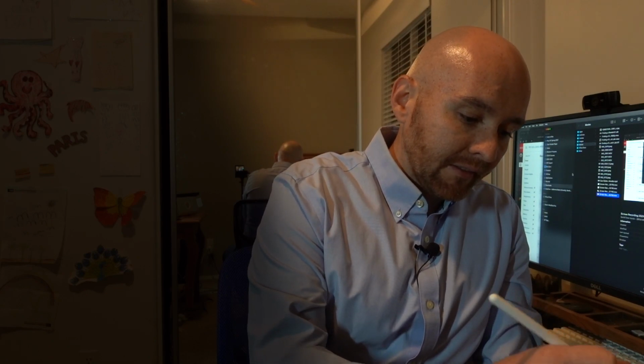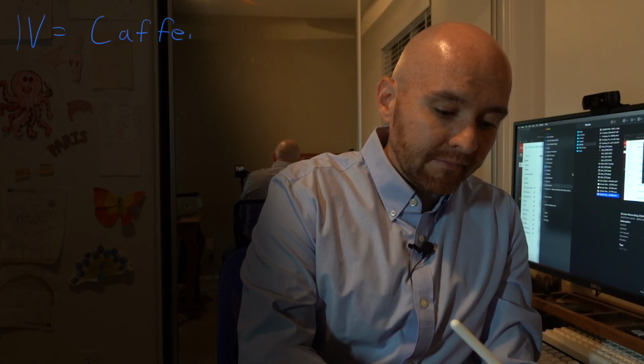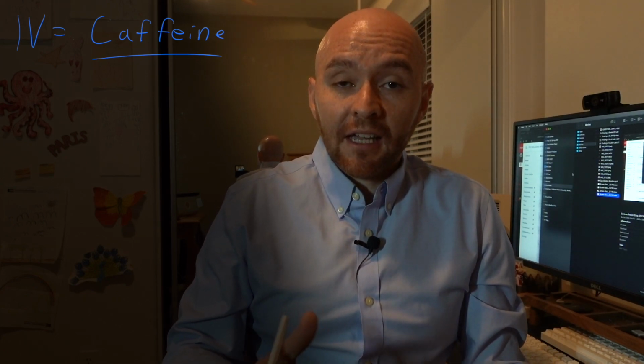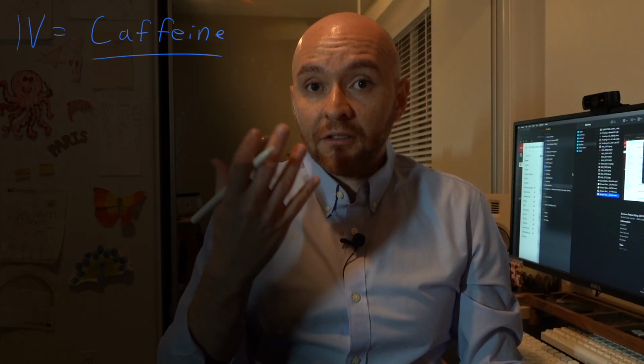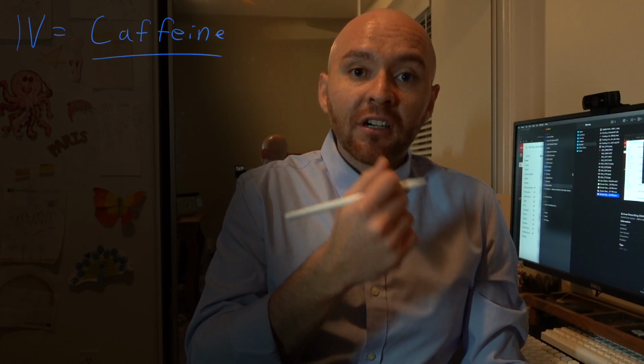So let's say my IV is caffeine. Okay, so if my IV is caffeine, and I've let you know that, that's all you know. You know that the IV is caffeine, that's what it's called.